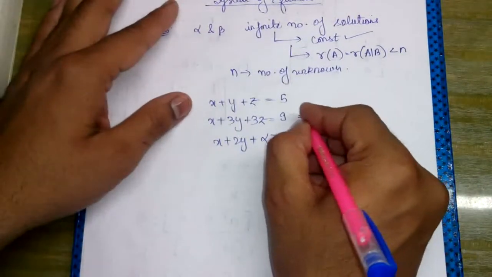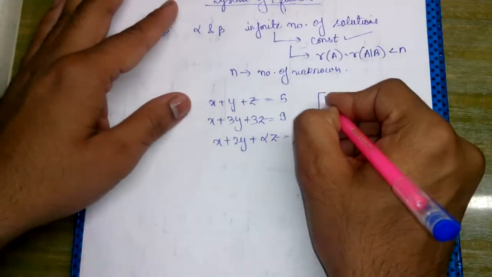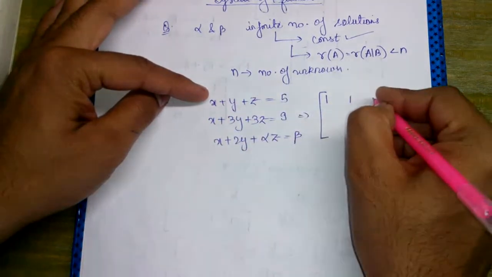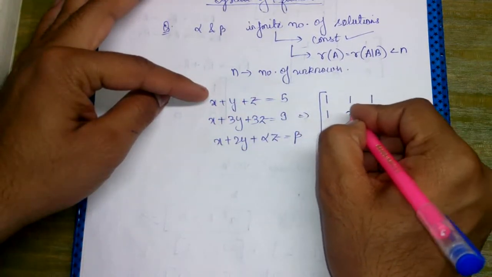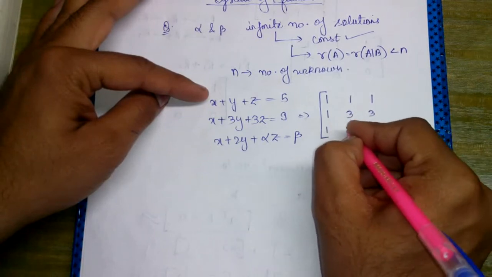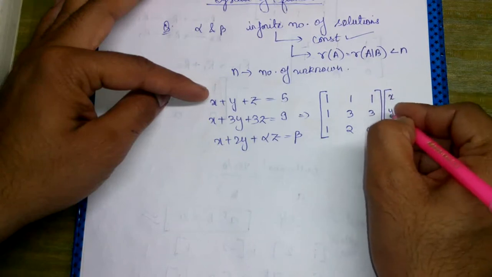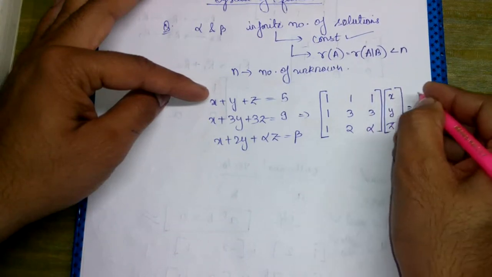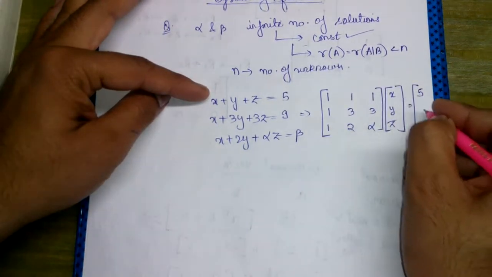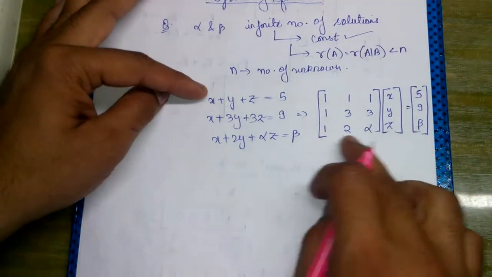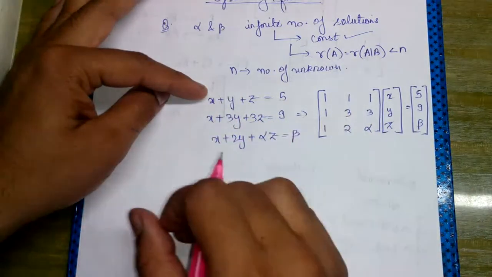From these equations we will find the matrix: 1, 1, 1, 1, 3, 3, 1, 2, alpha, multiplied by x, y, z, equals 5, 9 and beta. So this is the matrix representation of the given problem.